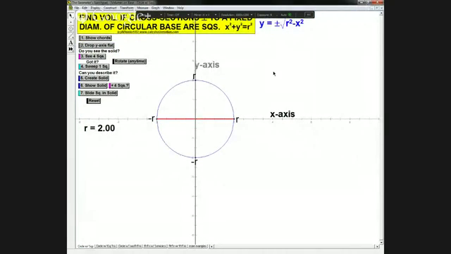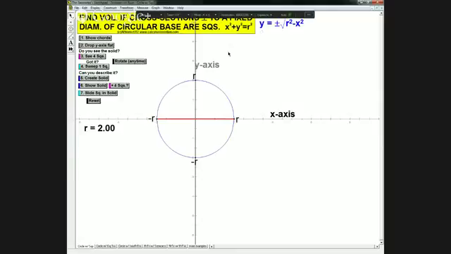This is just an example to give you a visual idea of what's going on. Basically, we're going to use this shape as our base and build a shape from it.